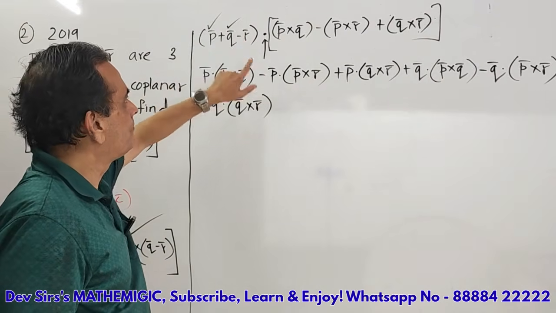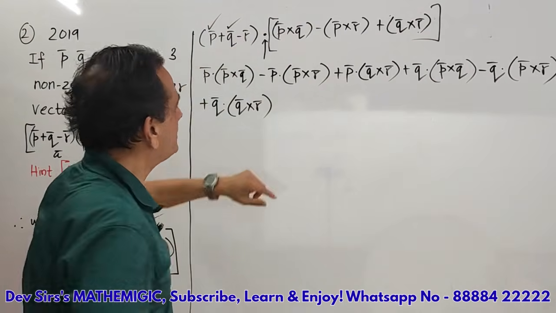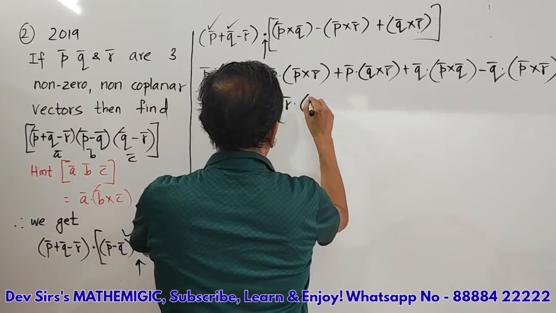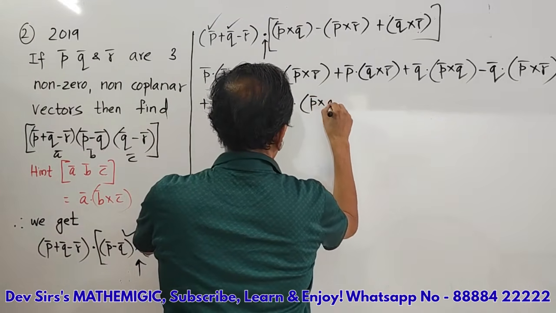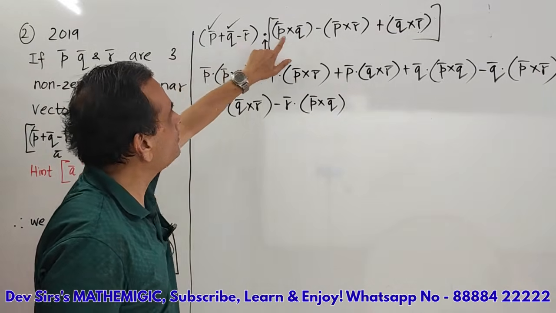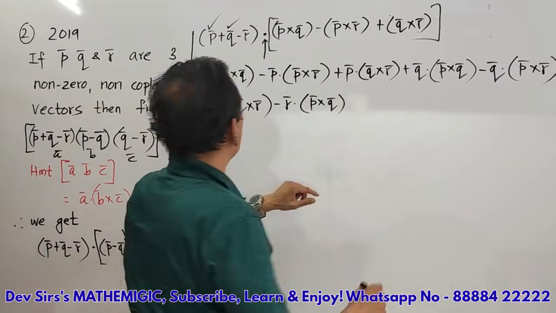Q is over. Minus R dot. Minus R dot into minus. Minus into minus is plus.